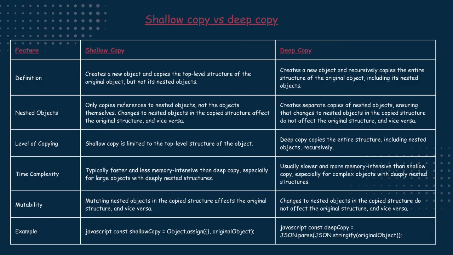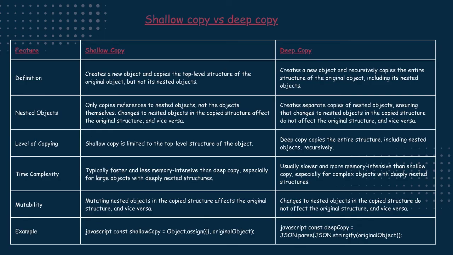Okay, and to make a deep copy, what do you have to do? We can use JSON parse and JSON stringify on that particular array and assign it to a duplicate array. Okay, you mean to say JSON.stringify and JSON.parse. Yes.